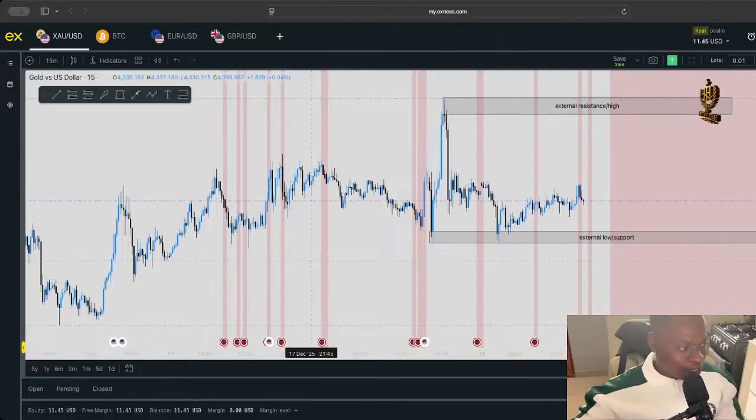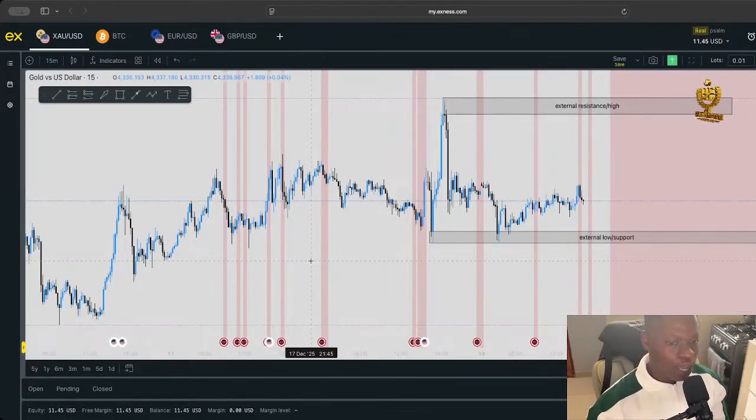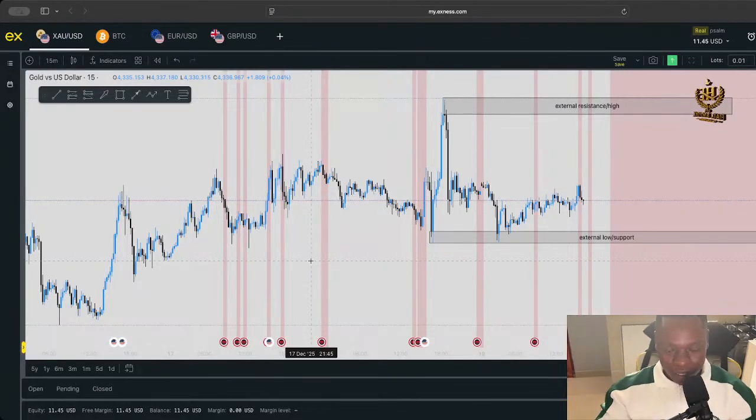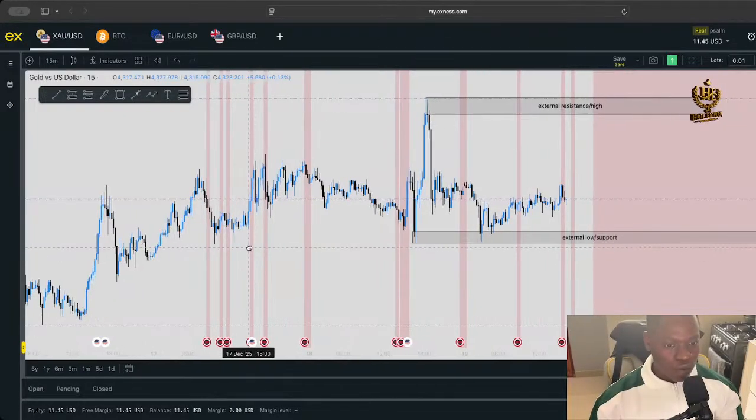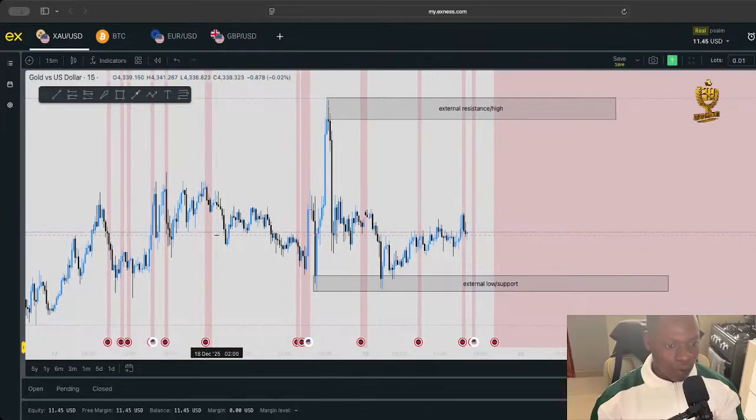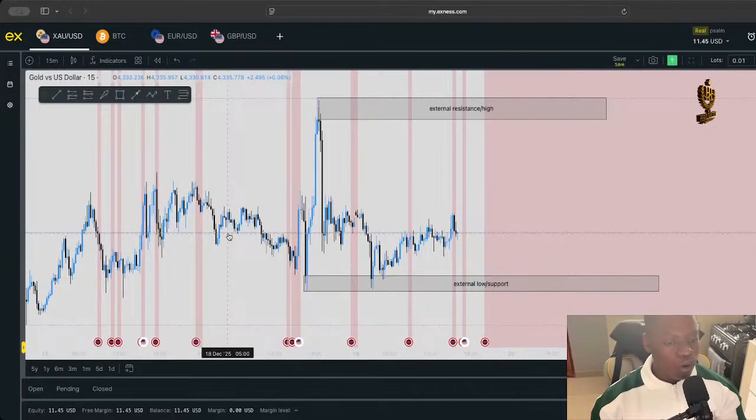Gold is not breaking to the downside or the upside of those two levels, it's trading inside of them, and they're very important and crucial. They are the ones currently controlling where price will likely go. Either price will buy or price will sell, when we see these areas being broken.